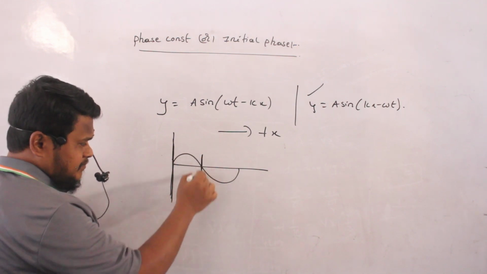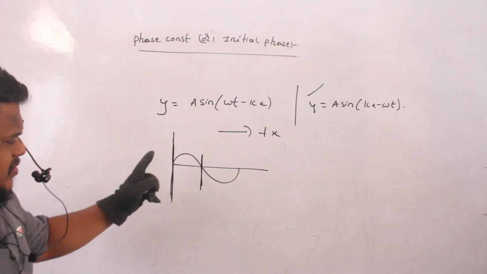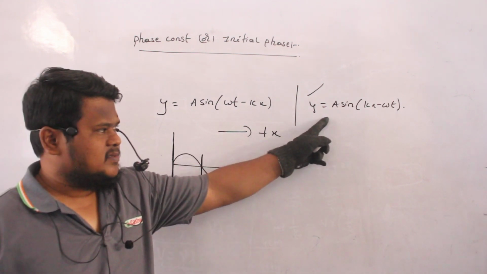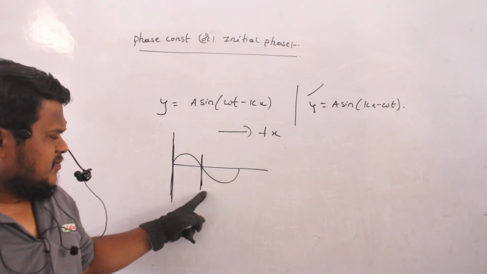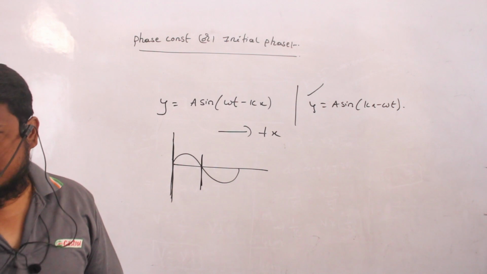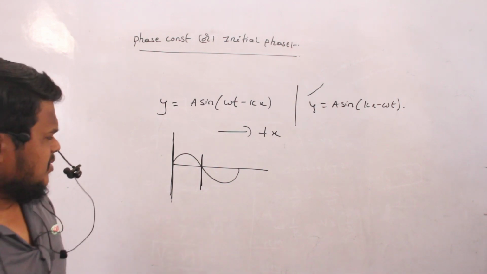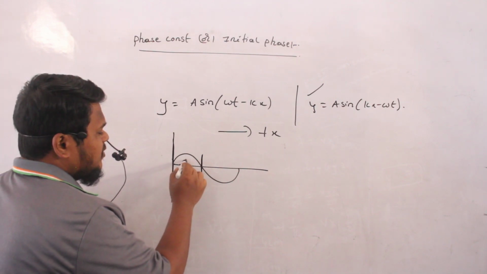Now if I draw a second reference, this relates to the reference frame from which I am observing. For the first one it is y is equal to a sine (kx minus omega t), and for the second reference it is a sine (omega t minus kx). So there is a phase change of 180 degrees between both of them.